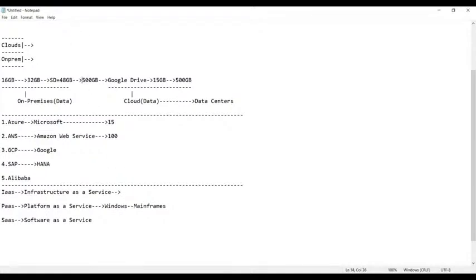Now, the next one, suppose you require to store data. Same as I told you in the example, I have some 48 GB of data now, and now I wanted to extend it to 500 TB, that means terabyte, or PB, that is petabyte. 500 petabyte data I want to store.